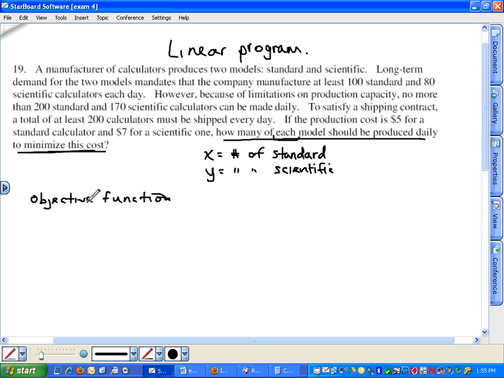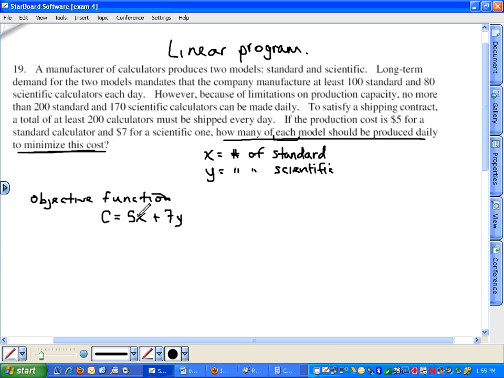And since they're trying to minimize cost, our objective function needs to describe the cost. Well, it costs $5 to produce a standard calculator, and they produce x number of those. It also costs $7 to produce a scientific calculator. They make y number of those. So this is the objective function, minimize cost.